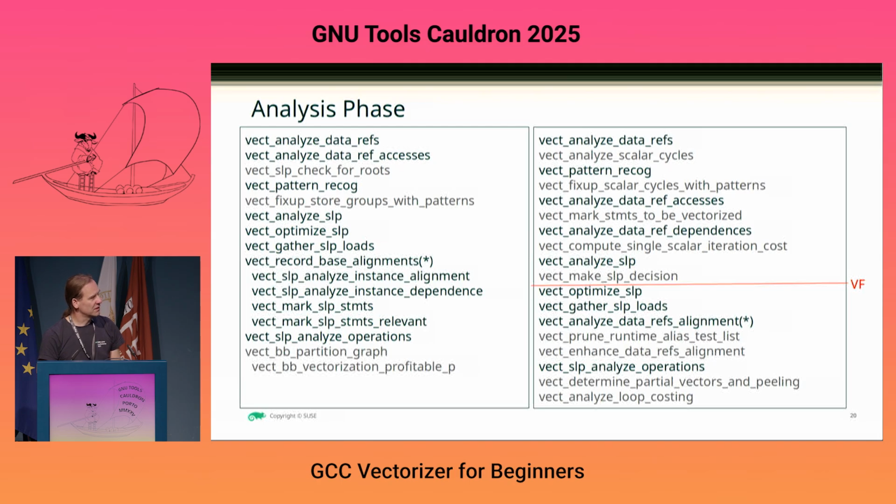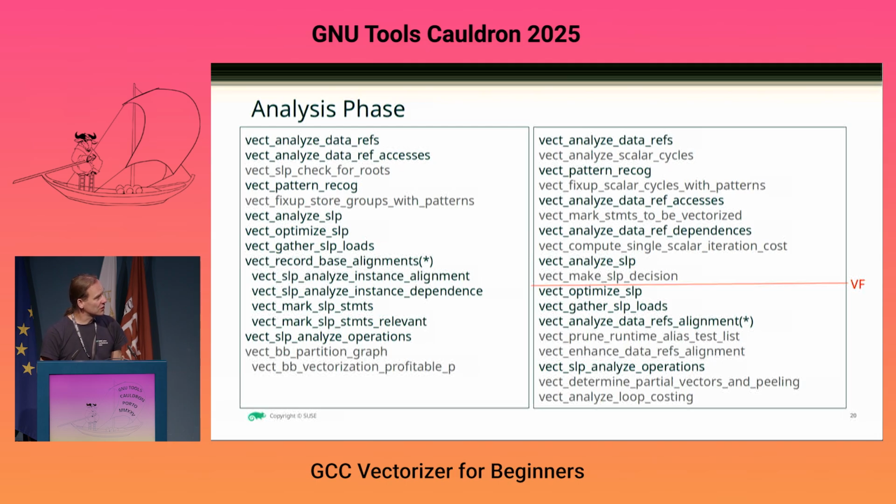Then we have this gather SLP loads. This is just a data structure walk and filling up some array. Then we analyze the alignment of the vector accesses, because only after we know the vectorization factor and the vector modes we want to use, we can actually make an educated guess about whether they are aligned or not, right?